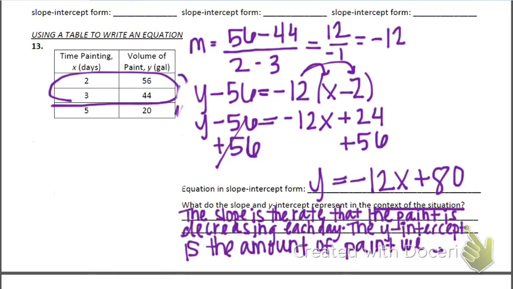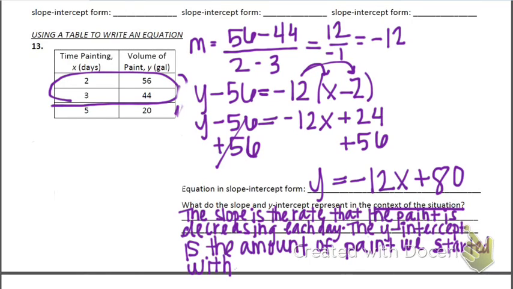We, they, he, I don't know, whatever the problem says. Okay, another word for y-intercept is initial value. That's what slope and y-intercept mean, and specifically in terms of this problem.